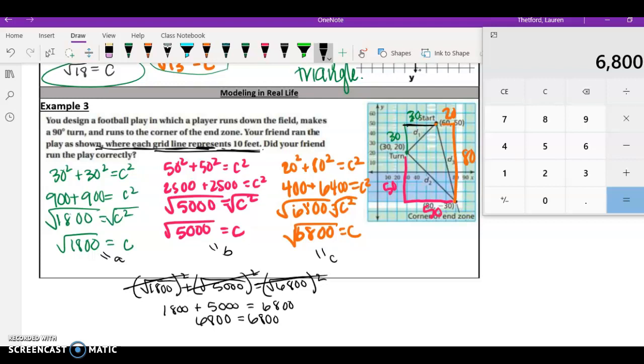But once I plugged it into my a squared plus b squared equals c squared equation, the squaring of the square roots canceled those out. You just take what's inside of your square root, and that gave you 1,800 plus 5,000, and that does give you 6,800, which makes it true. So yes, your friend ran it correctly.